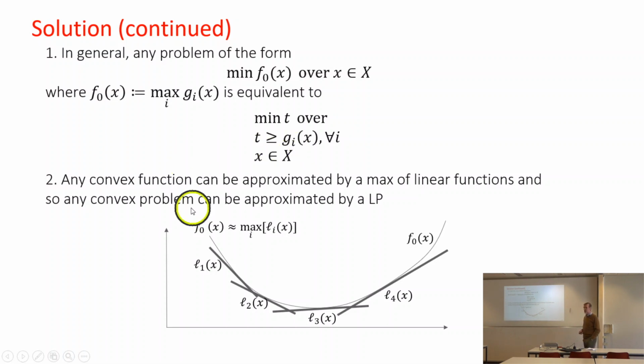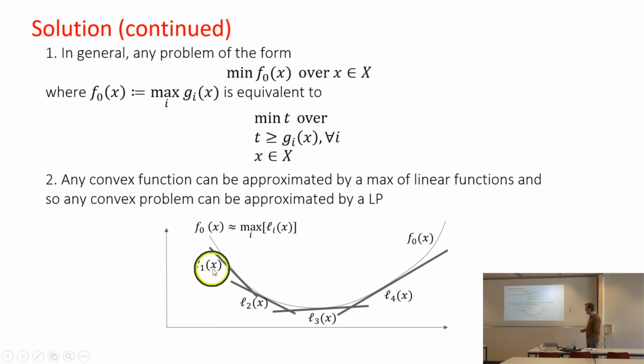Second, we can use this trick by approximating any convex function by a max of linear functions. If I have a convex function here, x squared, for example, a convex function has the property that the tangents are always below, and if I put as many tangents as I want, so a large number of tangents, and I take the max of those straight lines here, the max is whatever is above here.